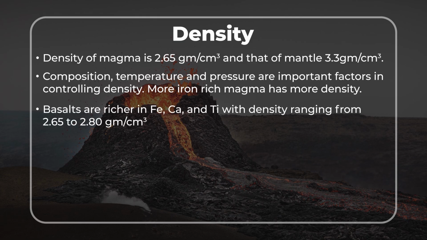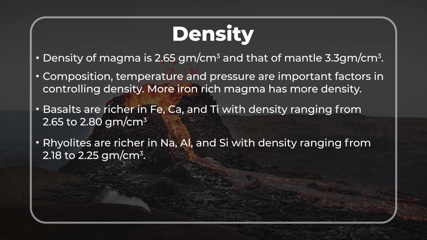More iron-rich magmas are more dense. You understand? Because the basaltic magmas are higher in iron, calcium, titanium, so they have higher density that ranges between 2.65 to 2.80 grams per centimeter cube.